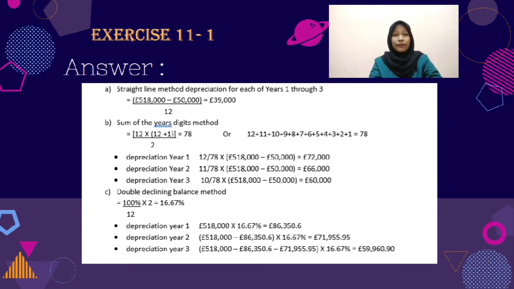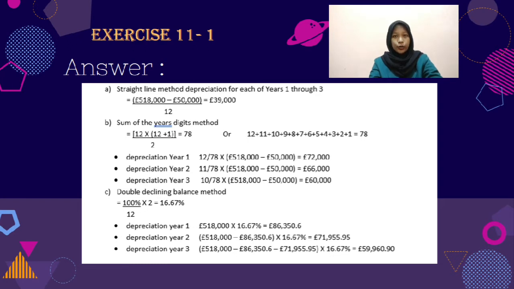78. Depreciation year 1: 12/78 multiplied by in parentheses 518,000 minus 50,000 is 72,000.